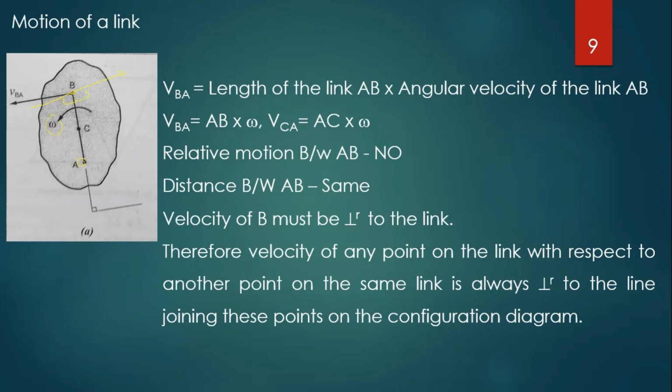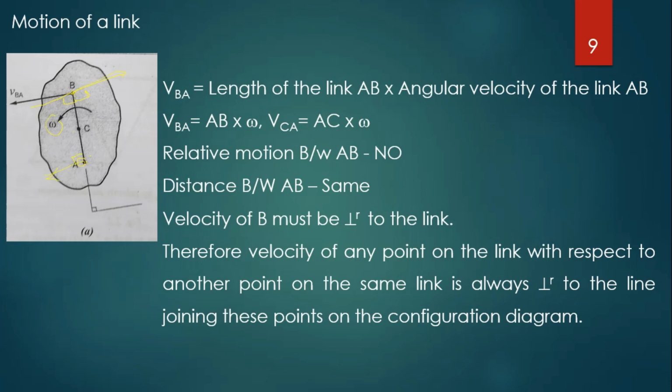Therefore, the velocity of any point on a link with respect to any other point on the same link is always perpendicular to the line joining these points on the configuration diagram. So the velocity of B with respect to A should be perpendicular to the link AB, or the velocity of A with respect to B should be perpendicular to the link AB, the line joining these two points on the configuration diagram.